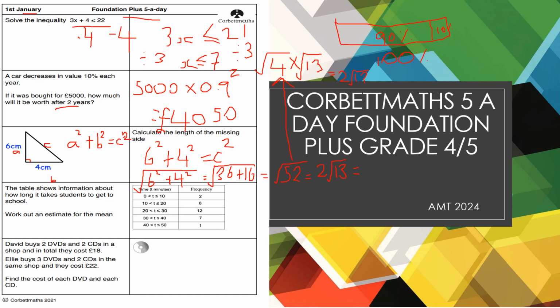Actually, for the sake of it, I'll just put it in my calculator just to make it a bit easier. So the square root button, root 13, and then times it by 2. So I get the answer of roughly 7.21 centimeters to 2 decimal places, guys.